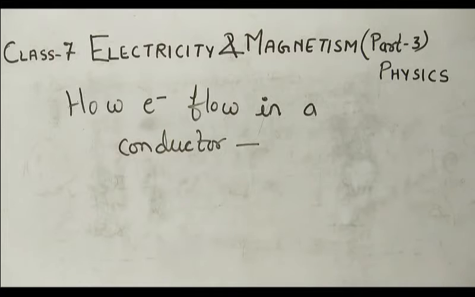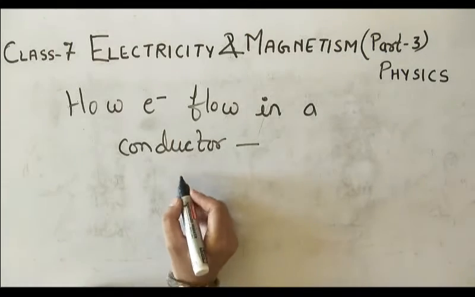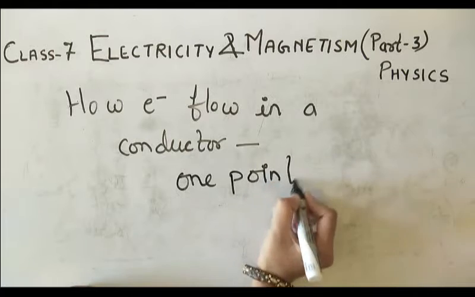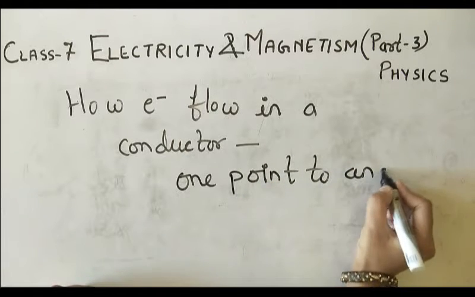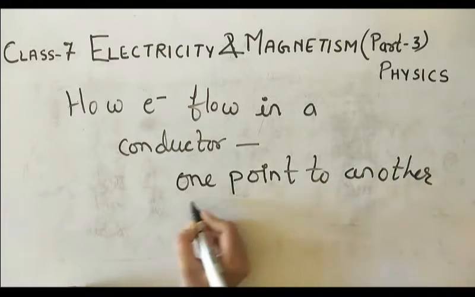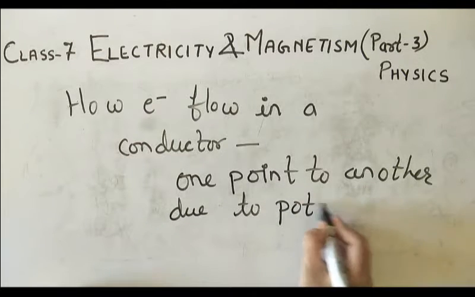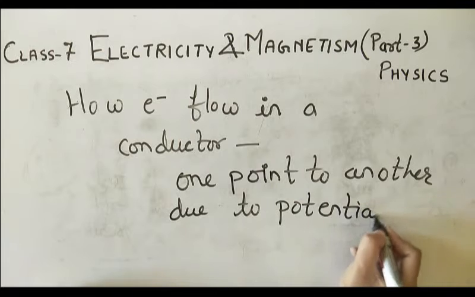Electrons flow in a conductor from one point to another point. What is the reason behind it? Due to potential difference.